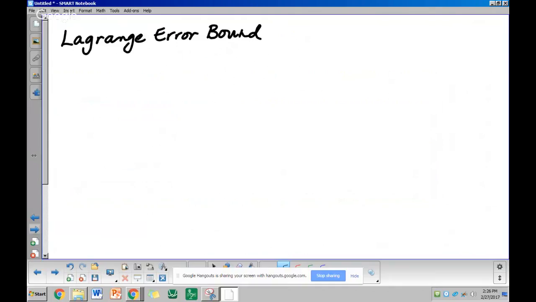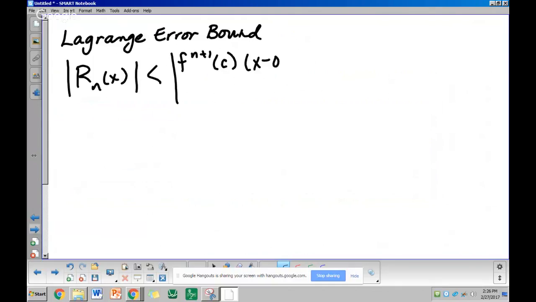Right. So Lagrange said that the error or the remainder is going to be at most the n plus 1 derivative evaluated at c, times x minus 0, because my center was 0, to the n plus 1, over n plus 1 factorial.